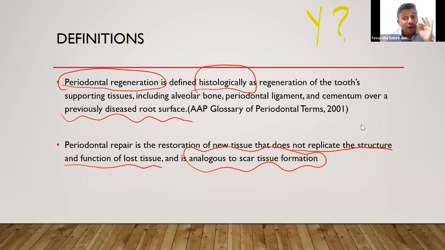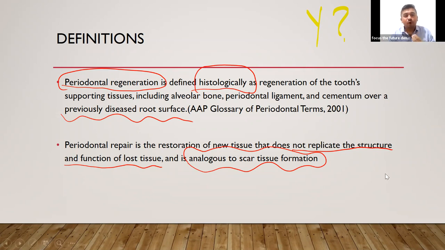In gingivitis, I'm talking about, it is only within the gingiva, within the epithelium, that it will regenerate. Epithelium will regenerate completely, so there is no problem. But when we are talking about the hard tissues like your cementum and alveolar bone, then mostly the outcome that we'll get is periodontal repair.